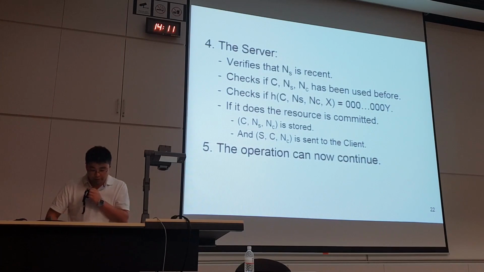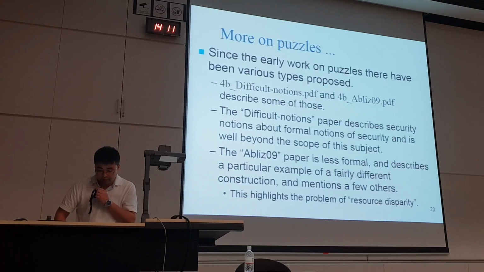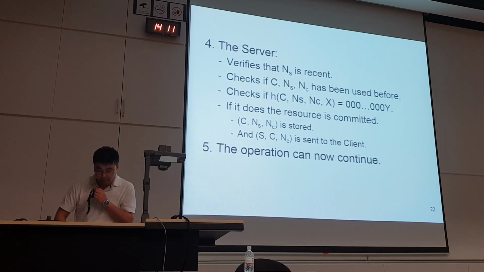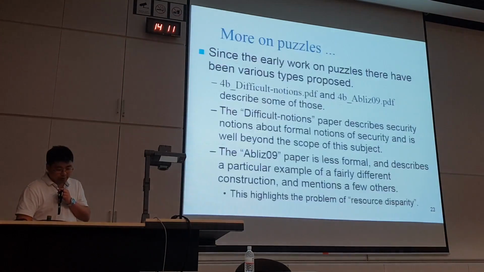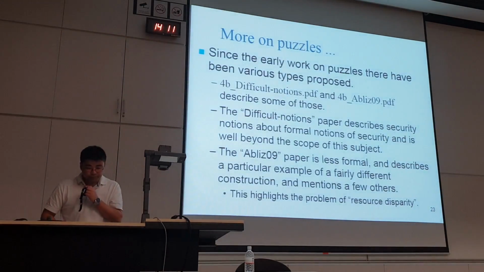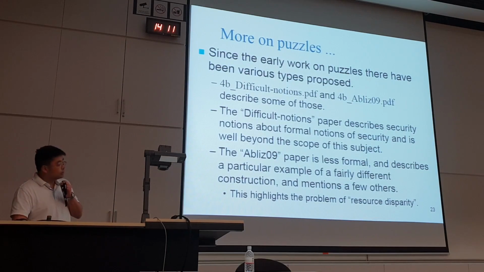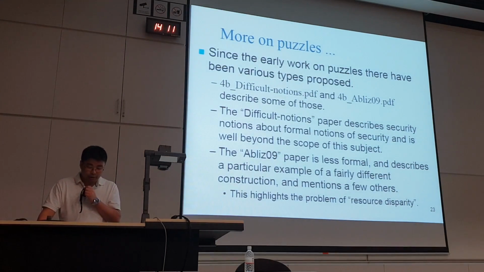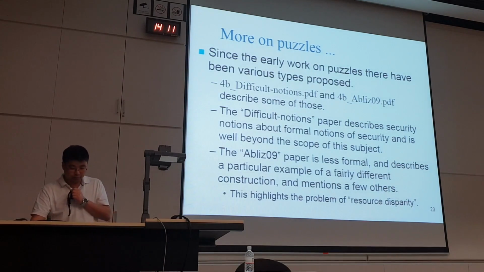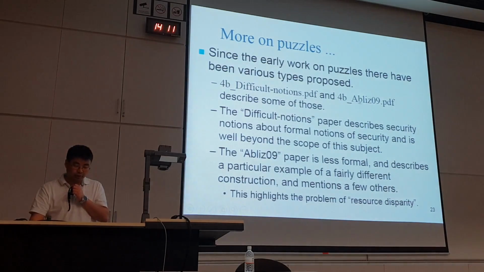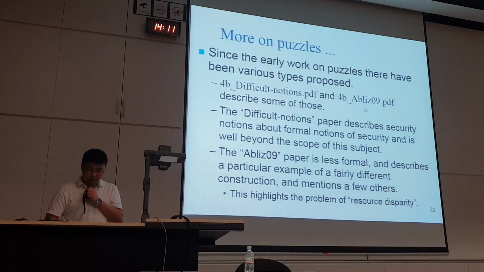Right, so basically this is the second client puzzle we can use to implement the proof of work. Okay, so there are many other versions of the client puzzle proposed. You can also find some examples in the reading material. If you are interested, you can find more details.